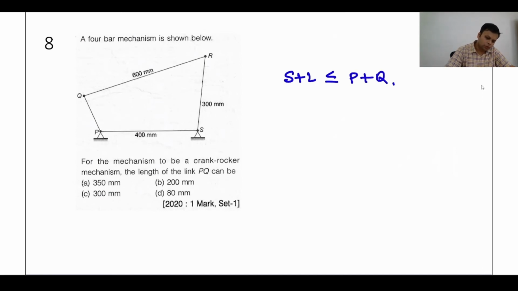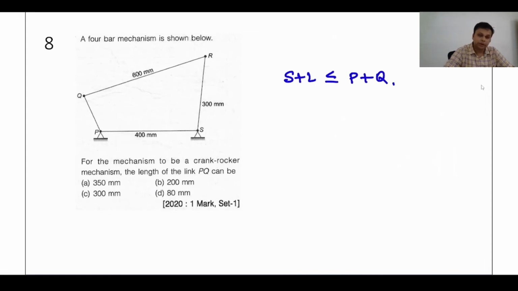Now the largest link is 600. Now, first of all, you want a crank rocker.